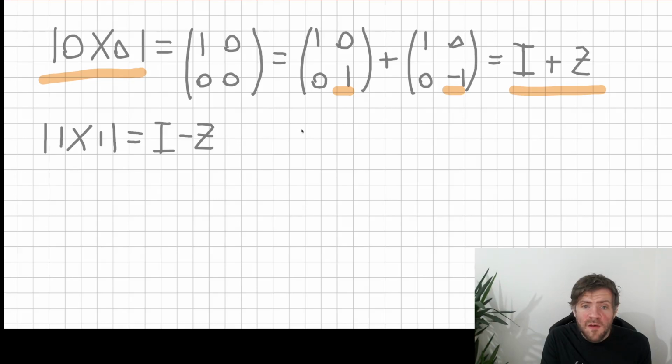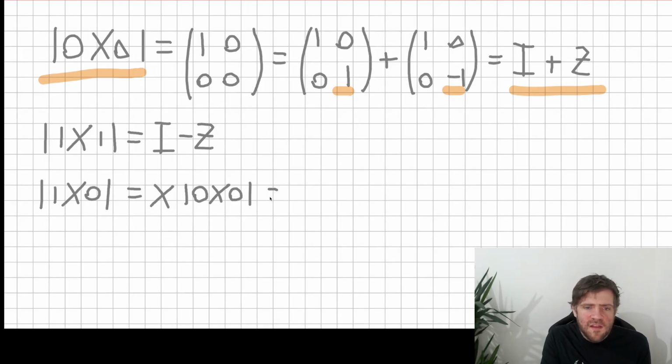But then how about something like the outer product of 1 with 0? Well, this can be written as X times the outer product of 0 with 0, because of course that X times 0 gives us the 1 that we desire.